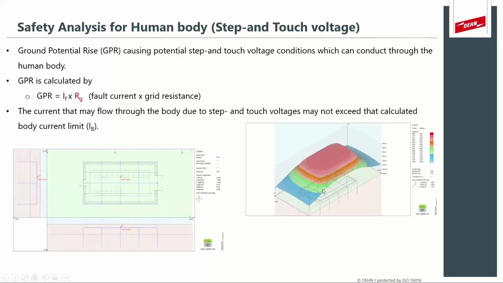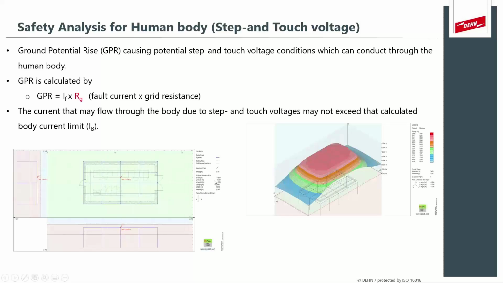So the ground potential rise, as we mentioned earlier, is when a fault gets injected into the earthing system or ground level, and it actually creates this potential gradient, as you can see on the right here, around this grid. So this grid is a top view around the building, and you can see the ground potential rise. Now, this ground potential rise, as we said, causes stepping touch voltage hazards.